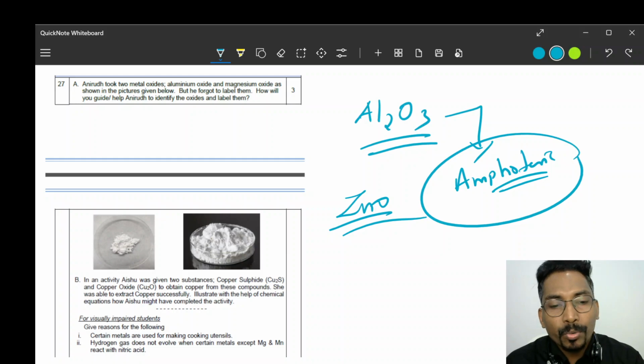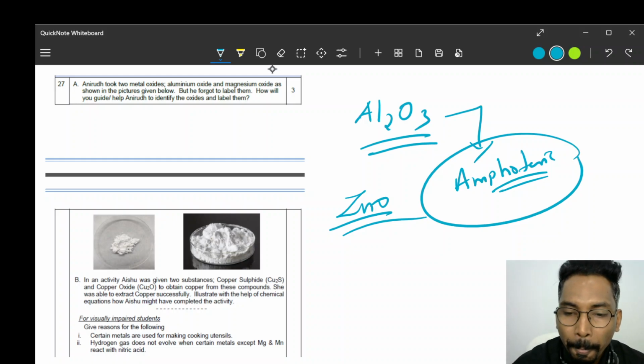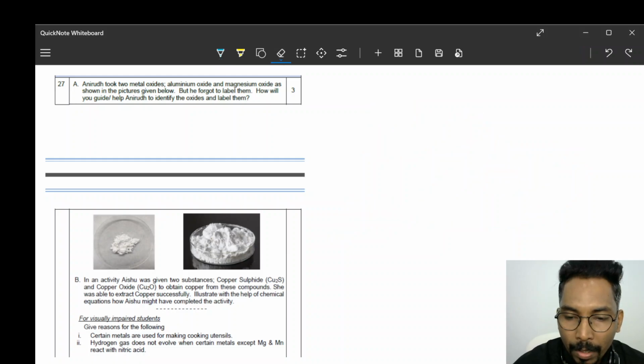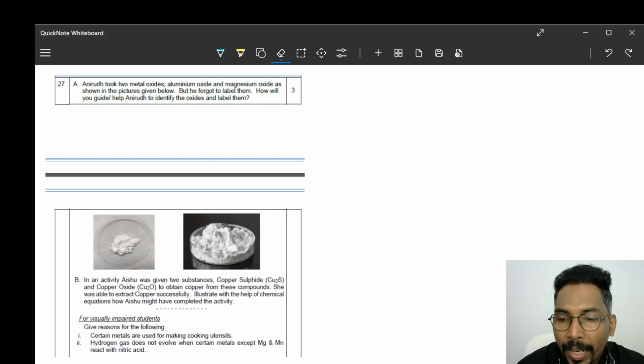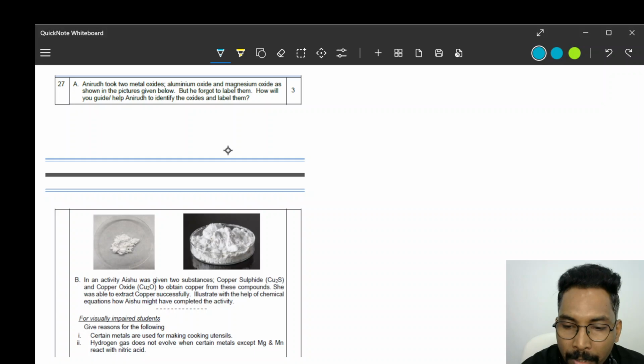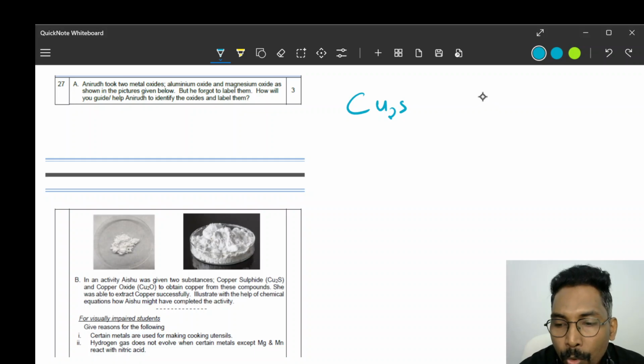And coming to the next one, one more question is there with this one. In an activity, Aishu was given two substances, copper sulfide, Cu2S, and copper oxide, Cu2O.